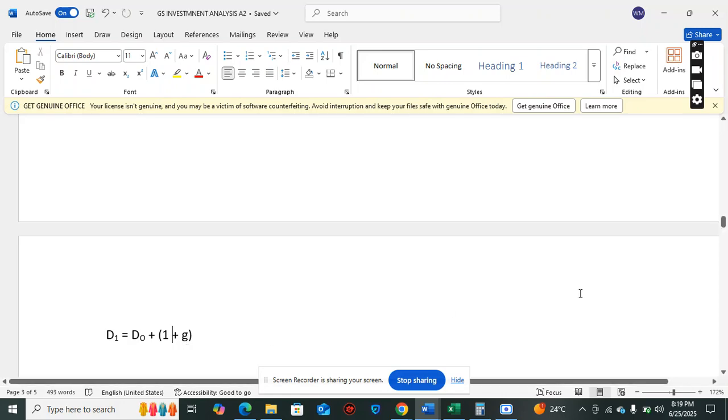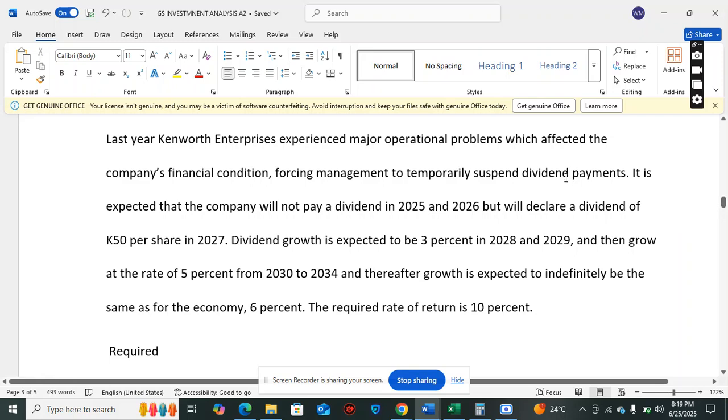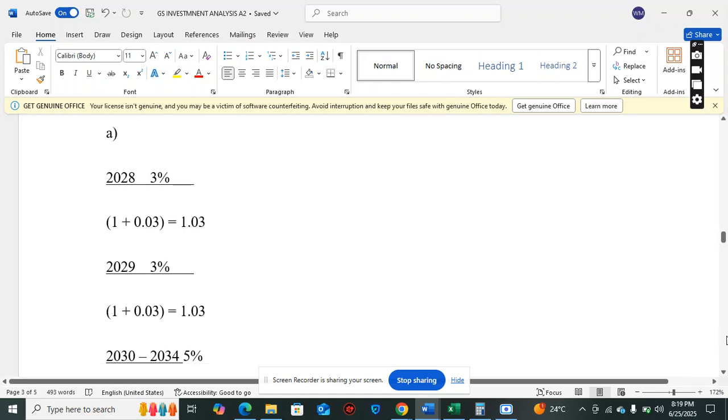So for the dividends that this company will be paying from 2027 up to 2034, we have to calculate the expected dividend. And as we can see, the dividends are going to be growing. So we can make a simple table like this one.